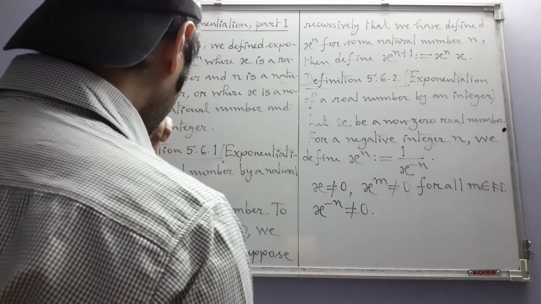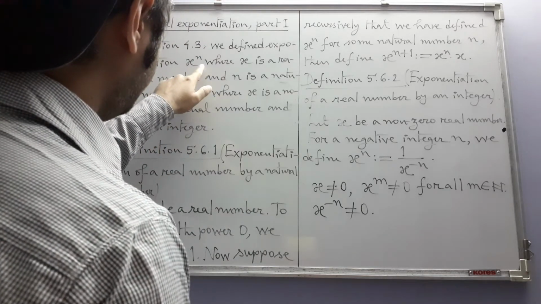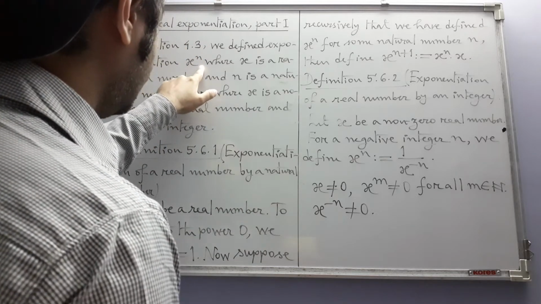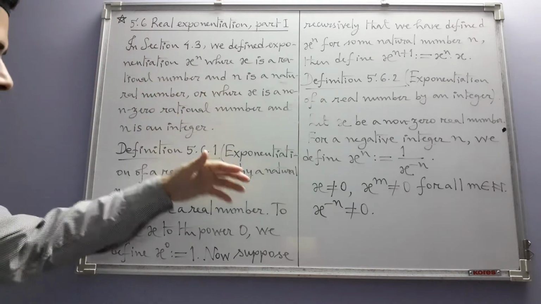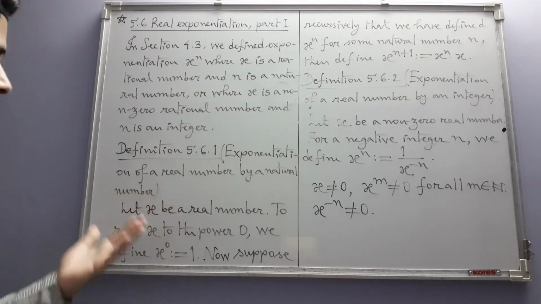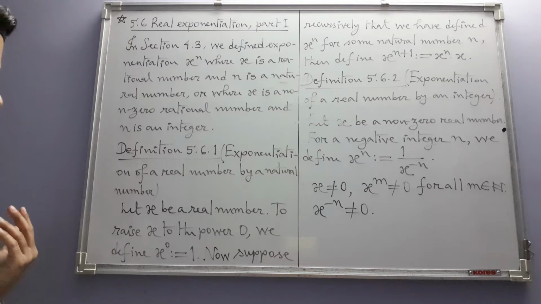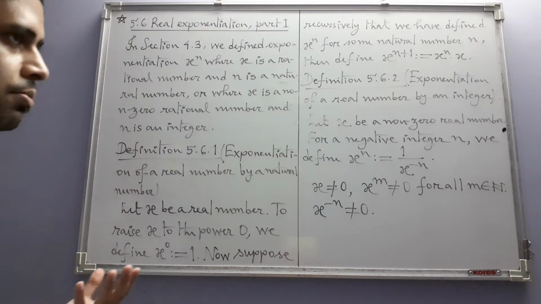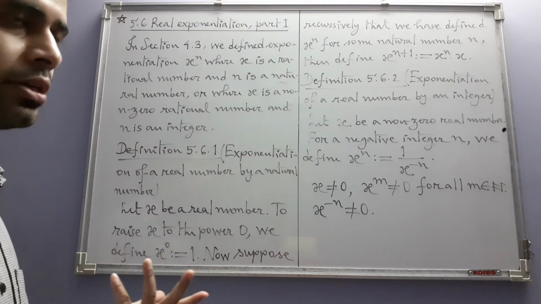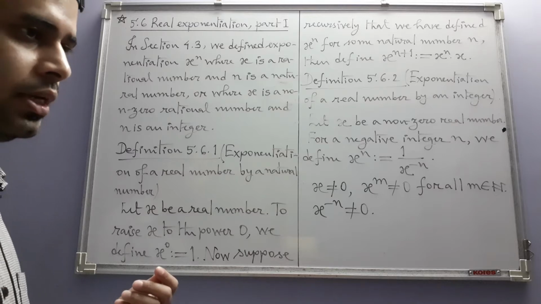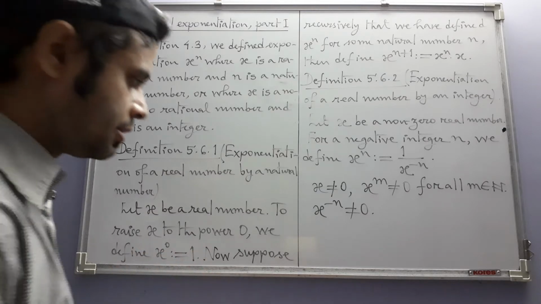Now recall that when we defined x to the power n, where x was rational in these two cases, after that we stated and proved some properties, rules of exponent, inequalities involving exponent, things like this.